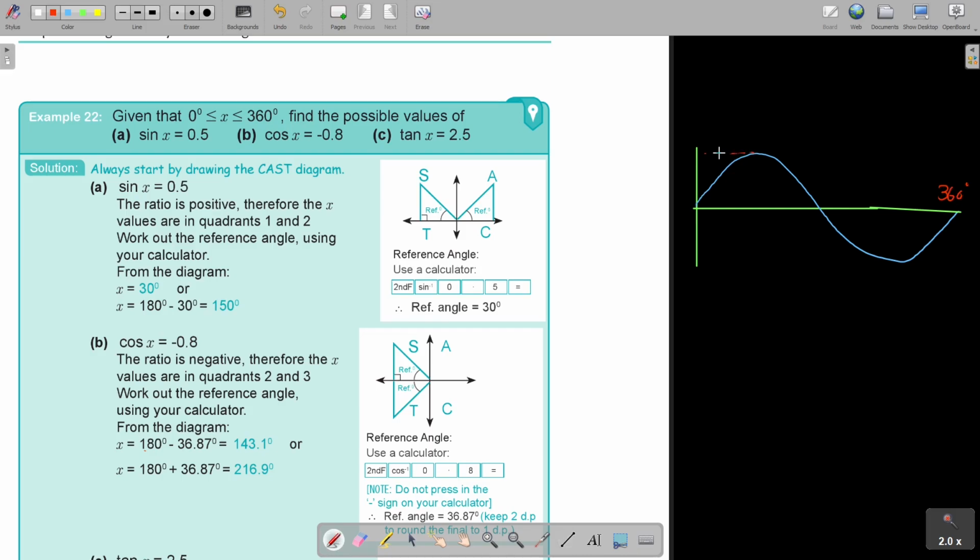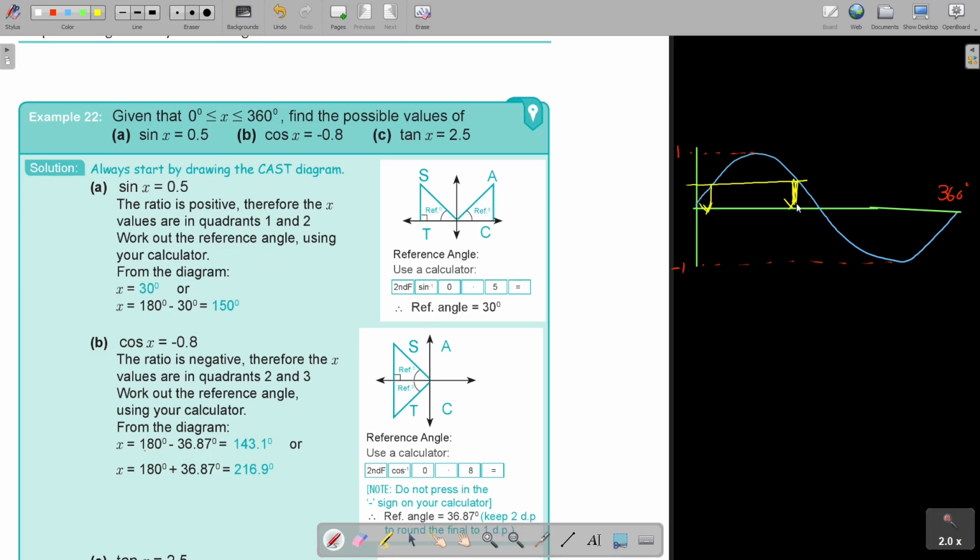Then the maximum there is 1 and the minimum is negative 1. It's just a very rough sketch. Now, sin is 0.5. So if I come to 0.5, in the middle, you can see it intersects there 2 times. So if you press it on the calculator, you will just get one of the values and not both. And that is the reason why we do it with this method.